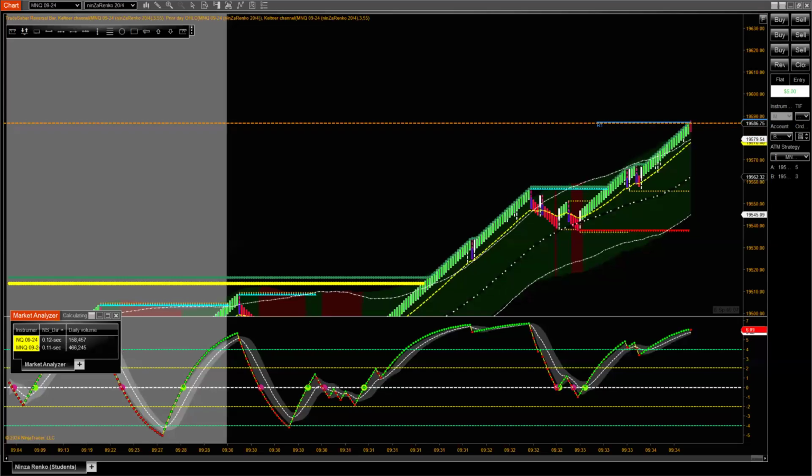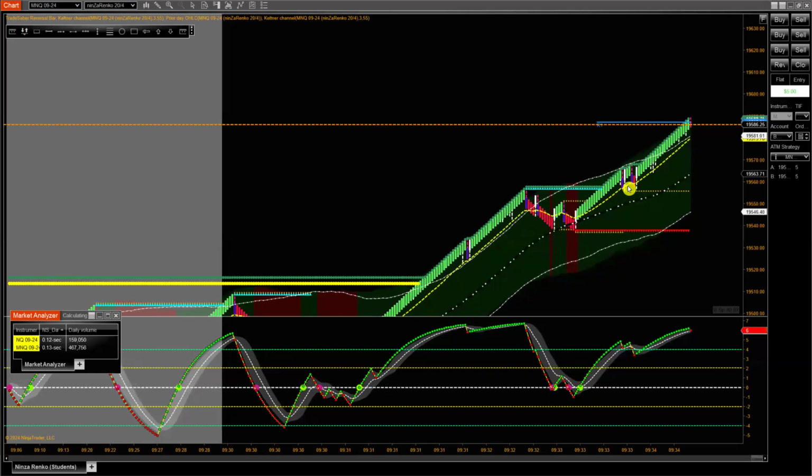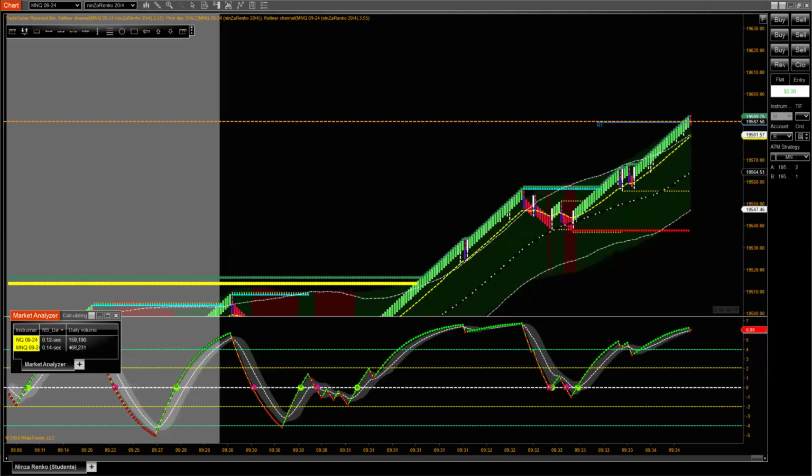That's my first trade, 150. Good. So I took it right here where they had a lot of pullback, bouncing off the moving average there, the yellow moving average.